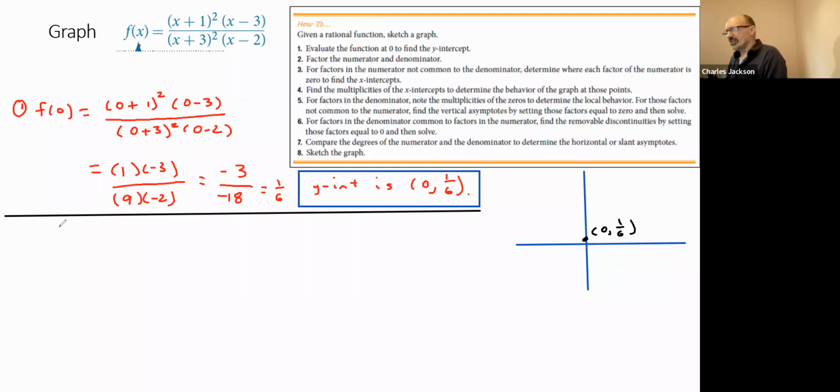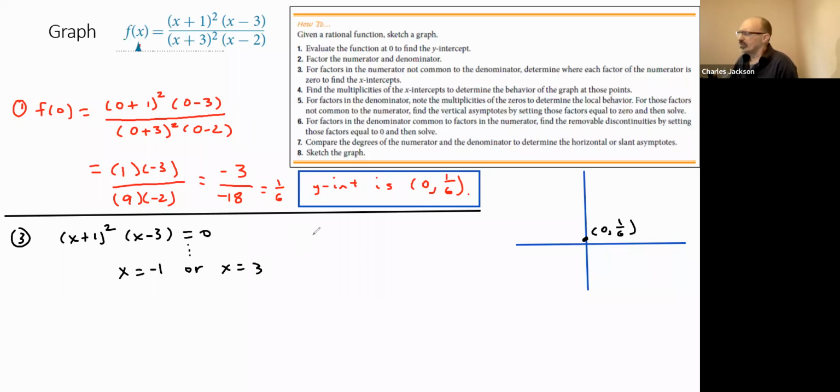Okay, so we're going to set the numerator equal to 0. Now hopefully it's clear that x equals -1 or x equals 3.